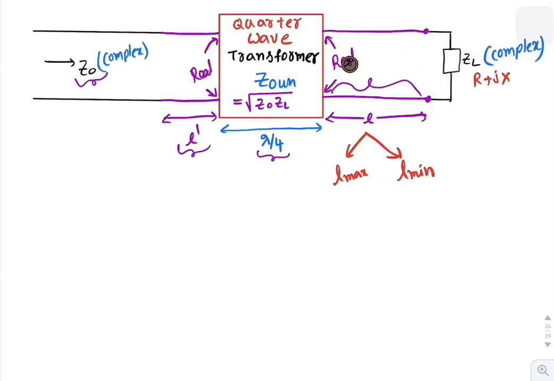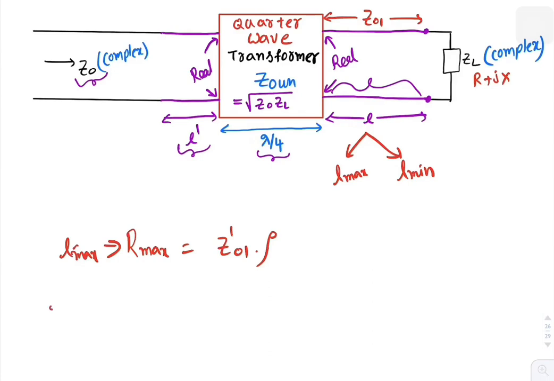Let us say the characteristic impedance offered by this transmission line is ZO1 in between these 2 points. Then if you want the resistance offered at this point, R max, which is available at L max, is equal to characteristic impedance of the transmission line ZO1 dash multiplied with rho.